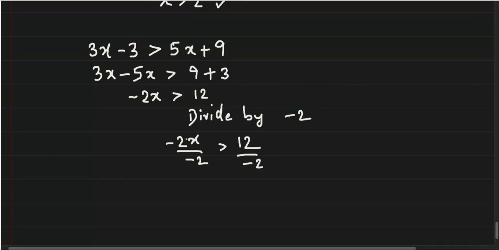Whenever you are dividing by a negative value, this sign should flip, right? So now it becomes, minus minus cancel, 2 cancel. x is less than 12 divided by 2 is 6, and we have a negative sign, so it is negative. So x is less than negative 6. So this is your solution.